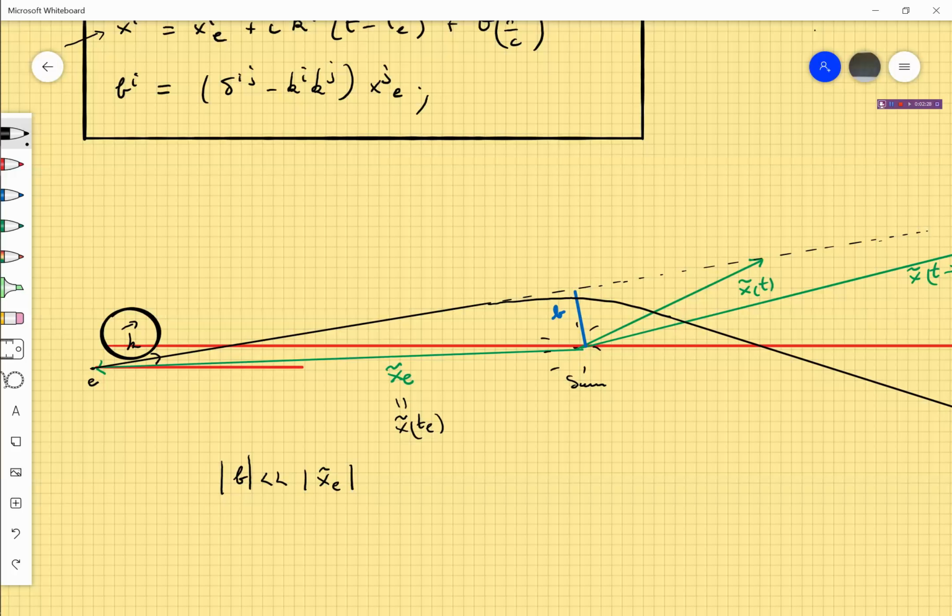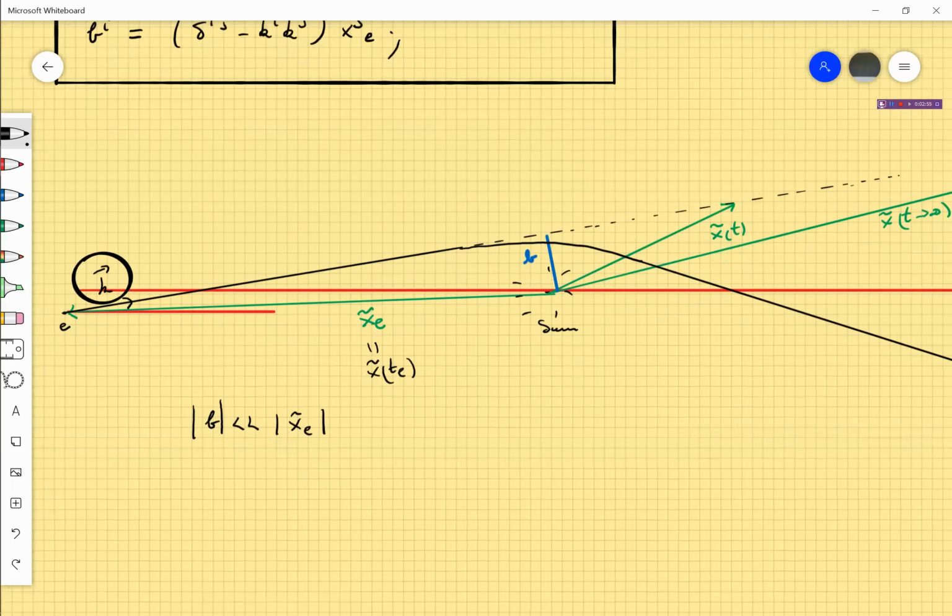This is, for instance, the situation when you study the deflection of the light coming from a star that just grazes the surface of the sun. So the impact parameter is essentially the radius of the sun, but the distance is much higher: light years with respect to hundreds of thousands of kilometers.